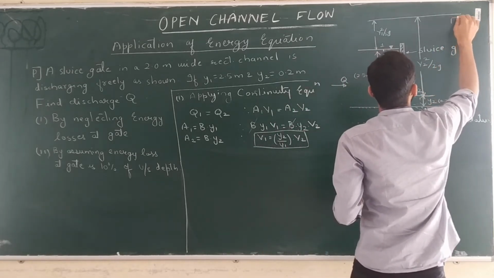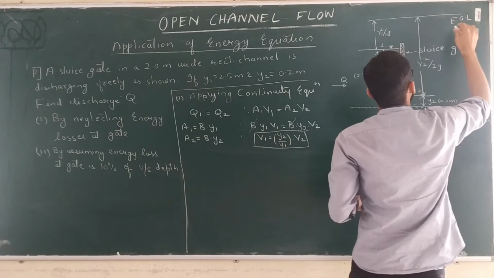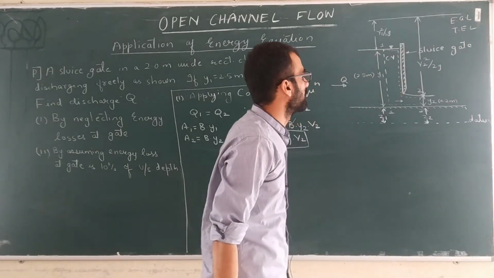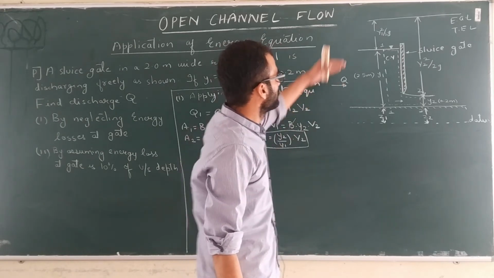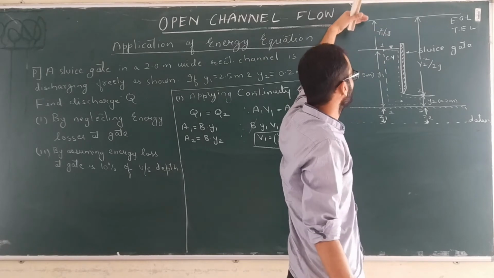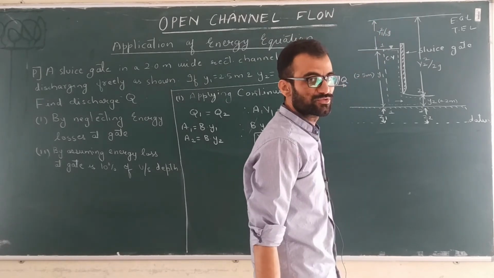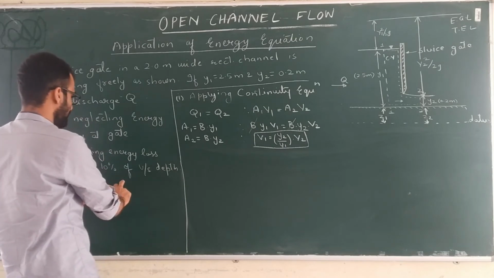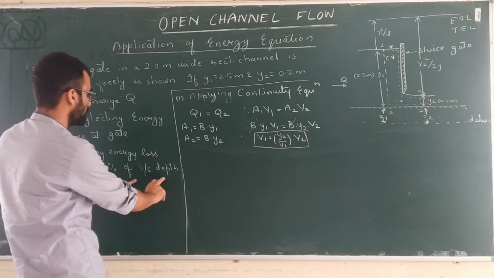So this is the total energy line or energy gradient line. The total energy line was horizontal, with no energy drop along the sluice gate. But now for the second case, there is some energy loss and the quantity is also given. It is 10% of the upstream depth.